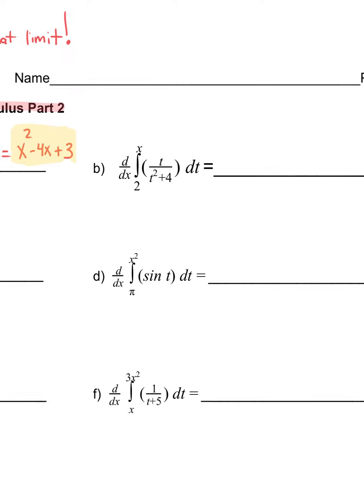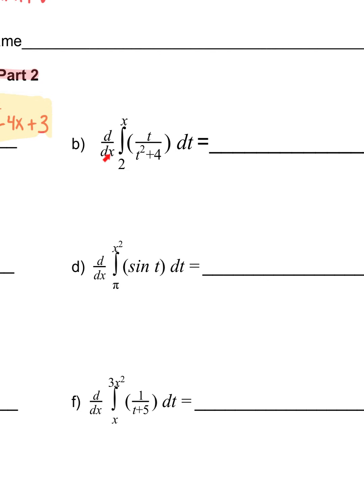B, again, we're taking the derivative of an integral. Fundamental theorem of calculus, part 2. So the first thing we do is we take that limit and we plug it in everywhere that we see t. So that's our first step. We got to plug it in here too, there's a t right here. So on top we get x.